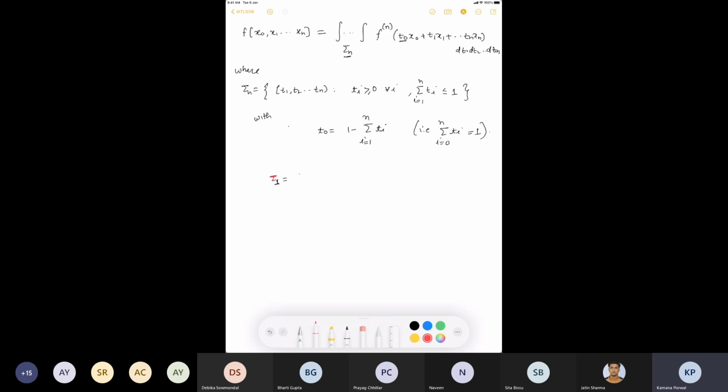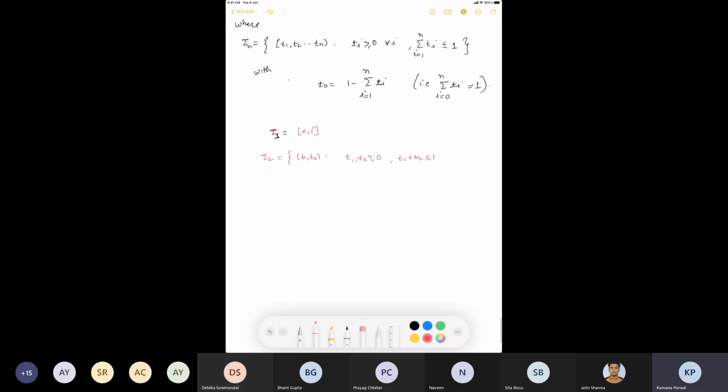So this is going to be the interval 0 to 1. And what is going to be tau 2? The set of t1, t2 such that t1, t2 are greater than or equal to 0 and t1 plus t2 is less than or equal to 1.